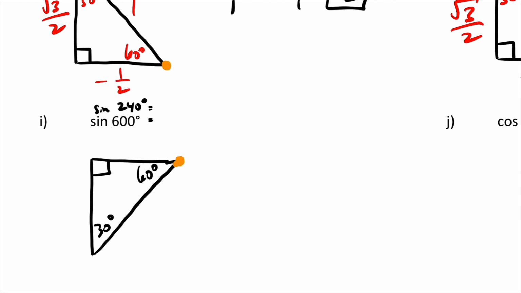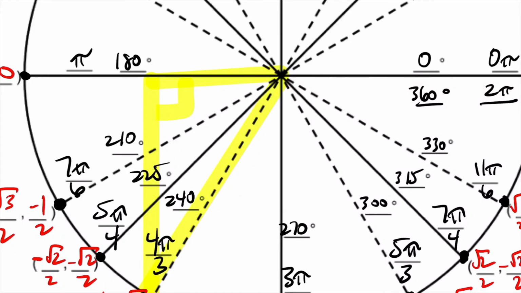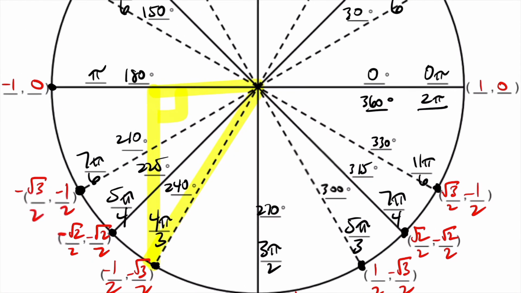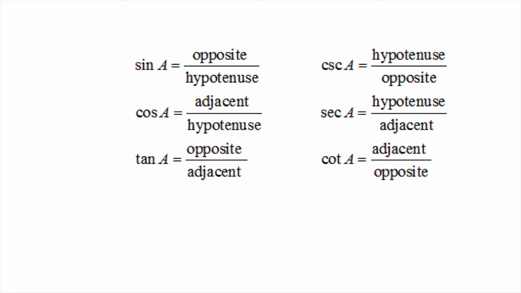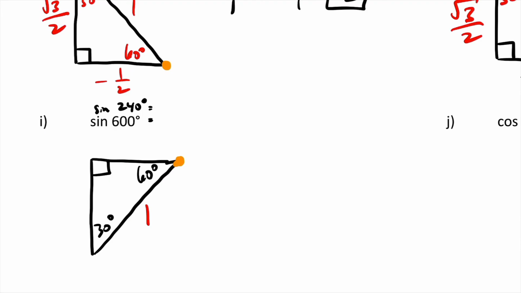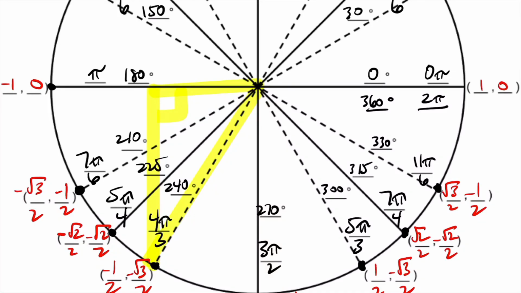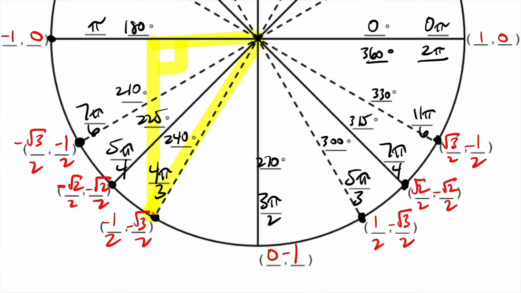So that means this has to be 30. So here we go. So x is the base. That's negative 1/2. Y is the height of the triangle, which is negative square root of 3 over 2.